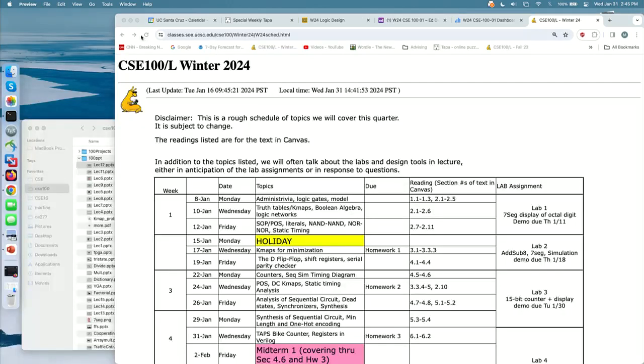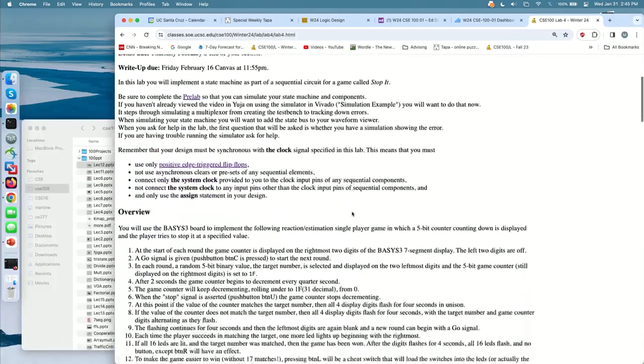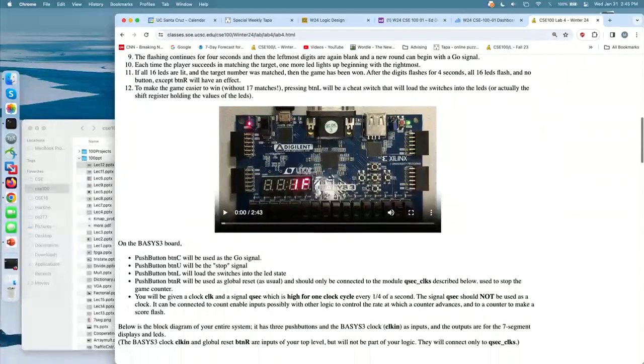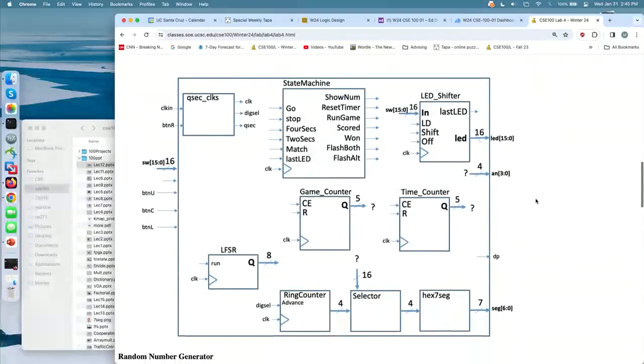Probably a good time to look a little bit at Lab 4. So let's do that. In Lab 4, you're building a system, and there's a description, actually a video of what it does. Unfortunately, there are no speakers on the machines in the labs, and I just wanted to point out there is audio with this, but you'll need to play it on a phone or a laptop, because the machines themselves don't have speakers.